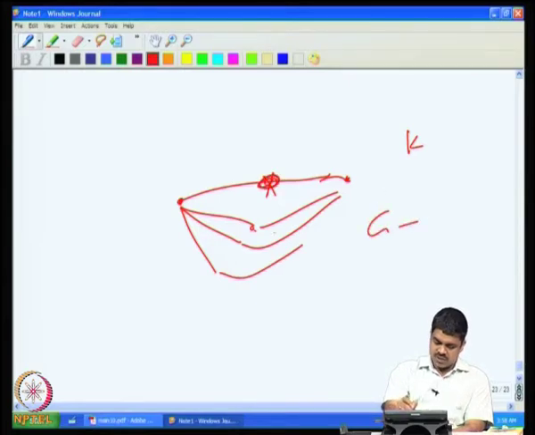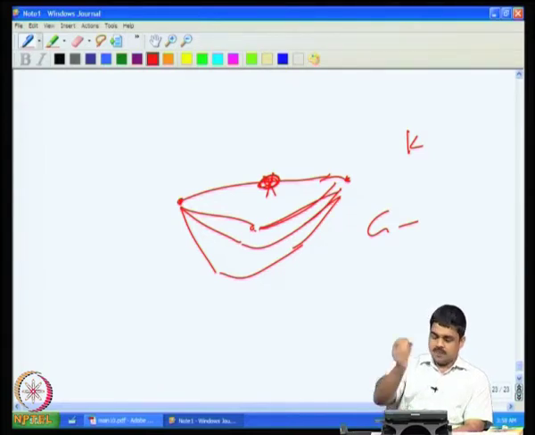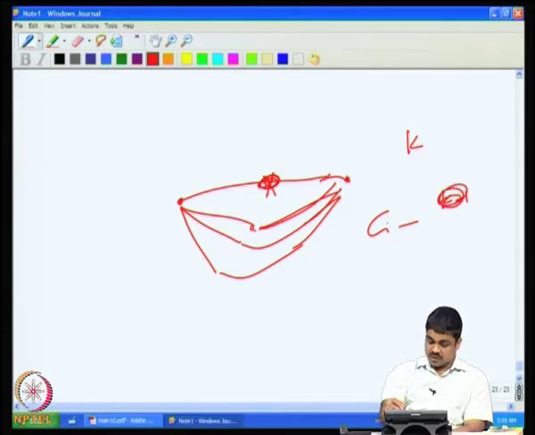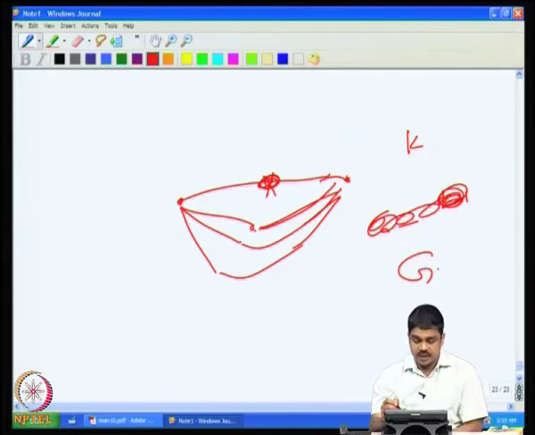So k minus 2 plus 1 is k minus 1 connected, which means you can separate the graph G by removing just k minus 1 vertices. That will be a contradiction.